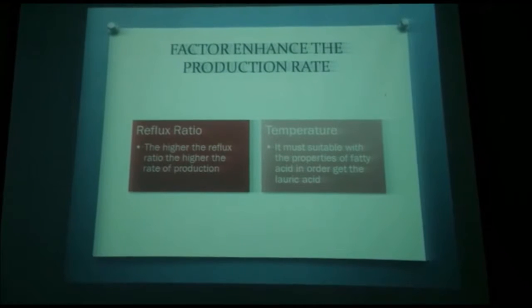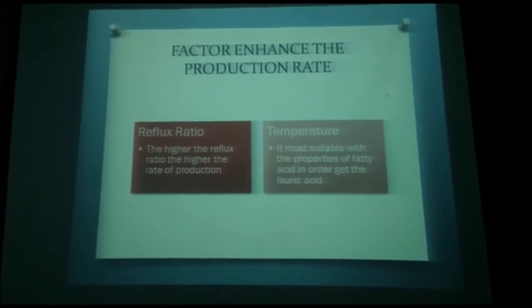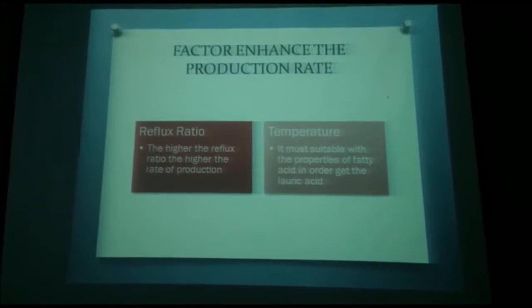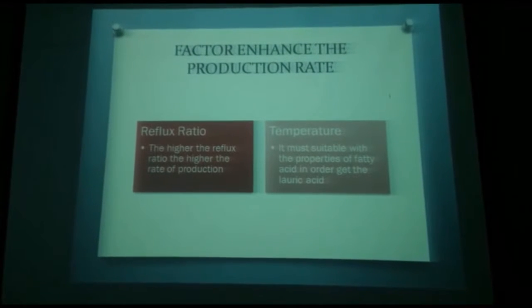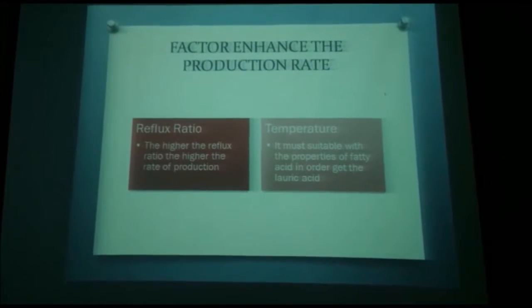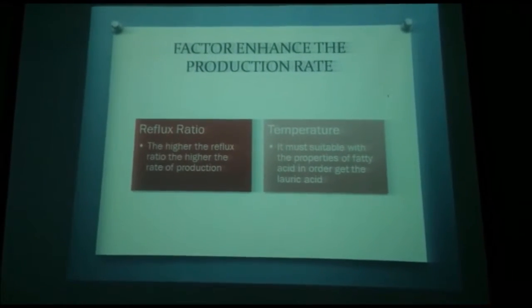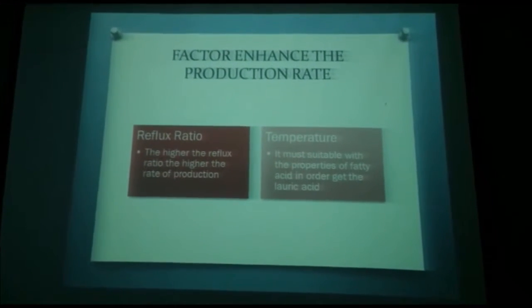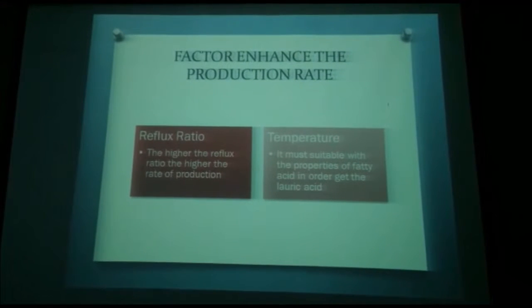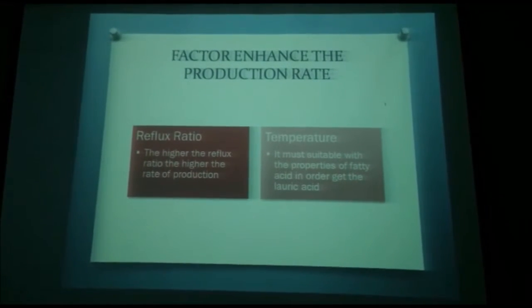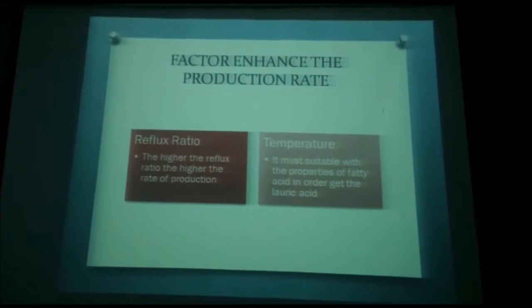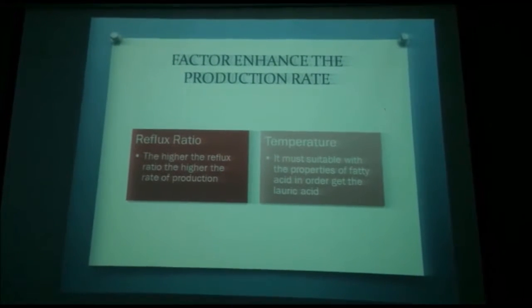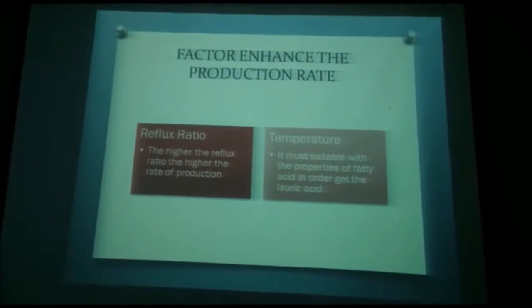The second factor that enhances the production rate is temperature. Temperature will govern the purity of the product. The control of top temperature was discussed just now as reflux. Control of the feed inlet temperature and that of the reboiler are also very important.